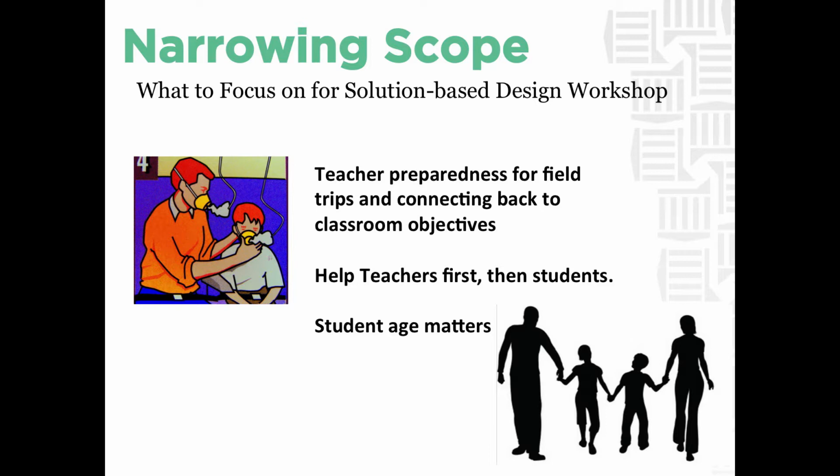And I do think age matters a little bit there. For elementary and middle school age students, it's really important that this is focused on supporting the teacher, but as the students get older, especially in high school, they're self-selected, they're a little bit more autonomous, and it might be easier to start with tools for the student at that age.